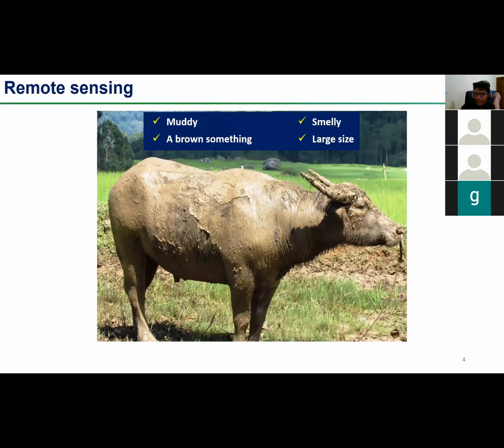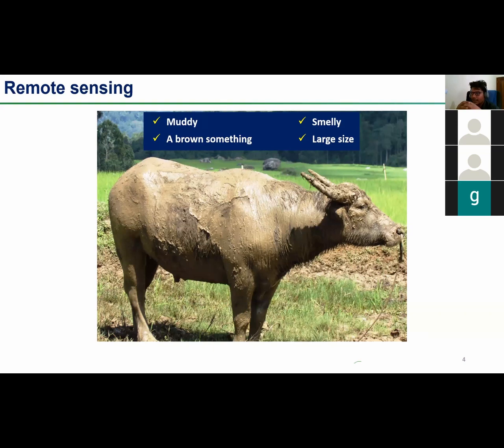Now, we are familiar with remote sensing to some extent, but we don't know what remote sensing is actually about. What is remote sensing's capacity? We do remote sensing every day. If you look at this, before knowing about the animal or the object in front of you, it's wrong if I tell you it's an animal.